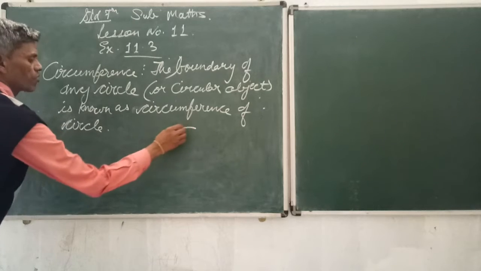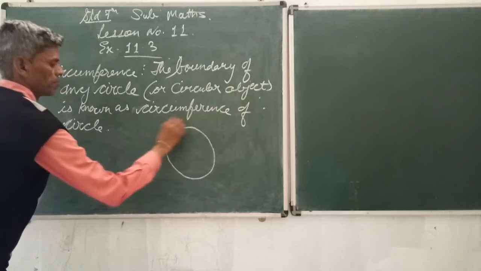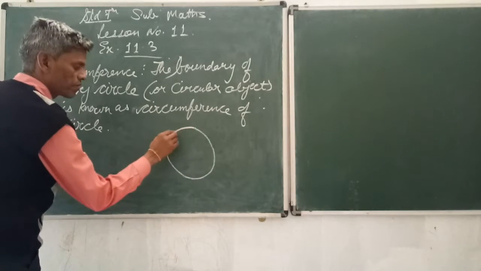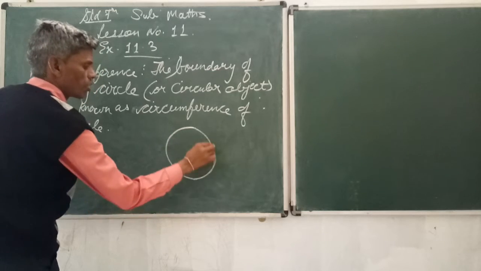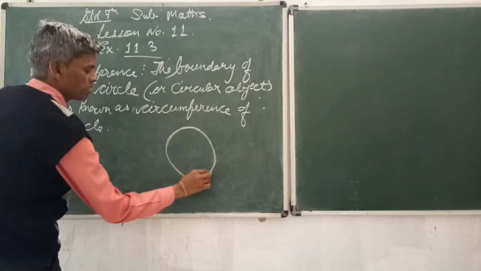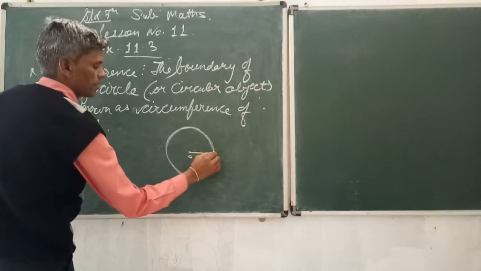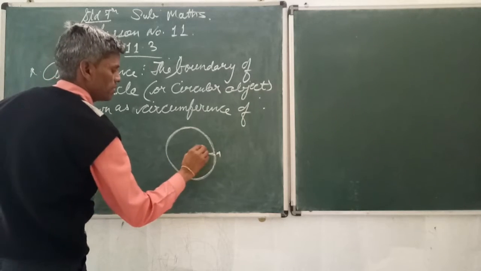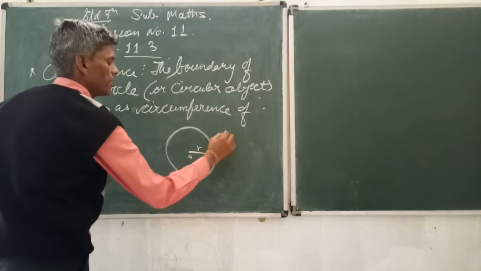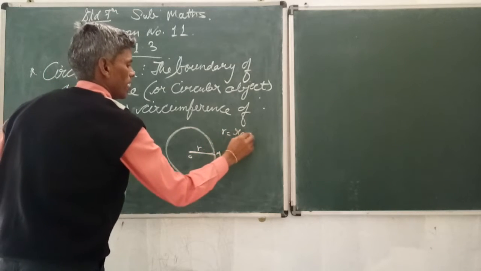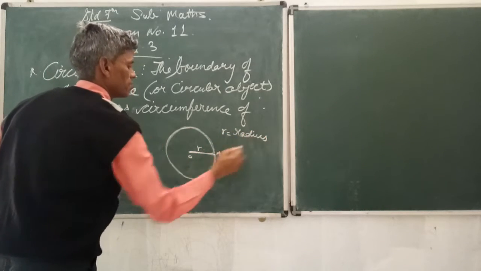Now, if you see the diagram, the boundary of a cricket ground, or the rope of the cricket ground, is known as the circumference. It has one center, this is A. So OA is the radius. R means radius.